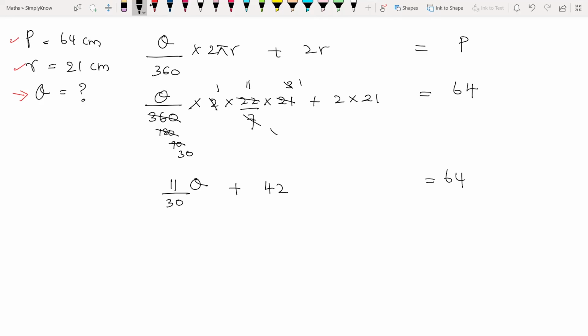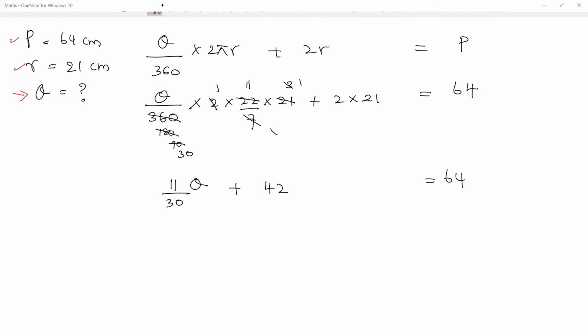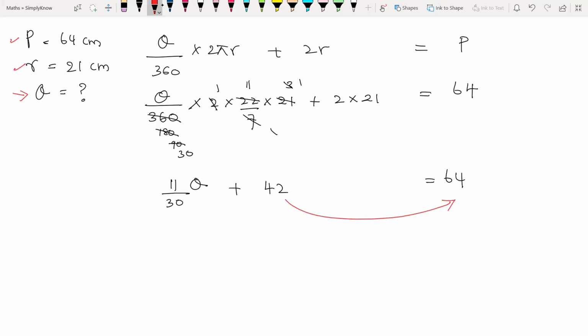Now let's send this 42 to the other side and it will become minus 42. 64 minus 42, 22. 11 over 30 theta.